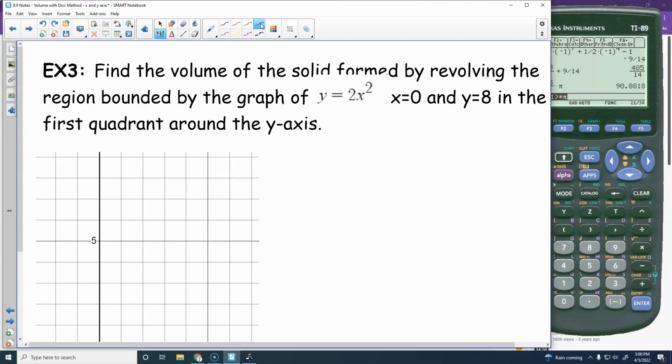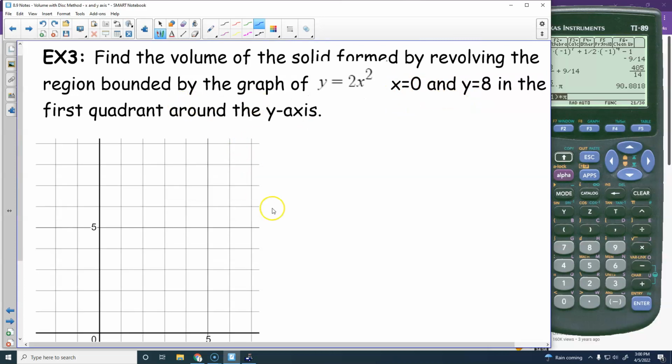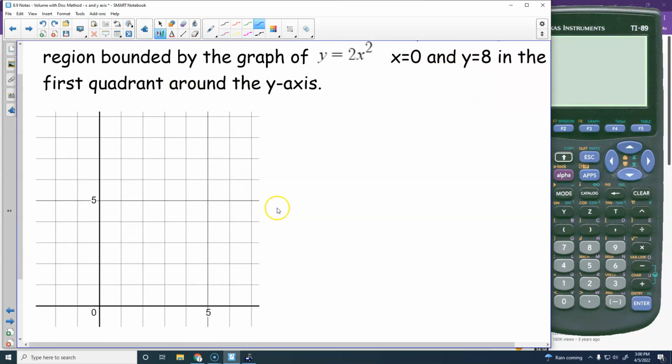All right, last one. Find the volume of the solid formed by revolving the region bounded by the graph of y equals 2x squared, x equals 0, and y equals 8 in the first quadrant around the y-axis. So I like to start off with those straight lines. X equals 0, what is that? It is the y-axis here. Y equals 8. Horizontal line at 8.